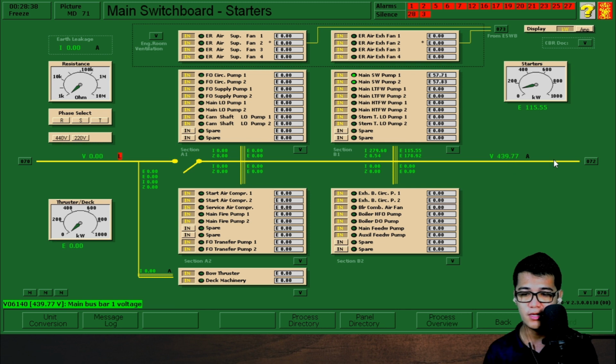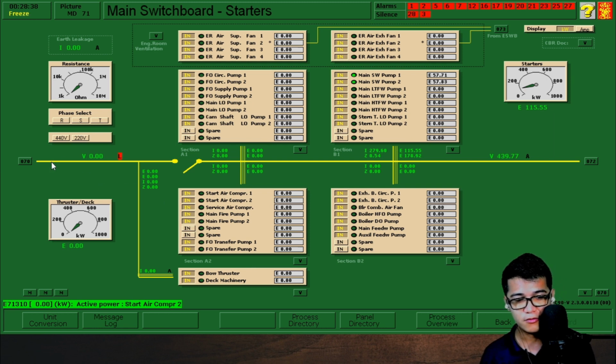Meaning this line from here up to here is our main bus bar 1. And out from this main bus bar connects our switchboard for our starters. Starters for our fans, starters for our pumps, compressors, and pumps.